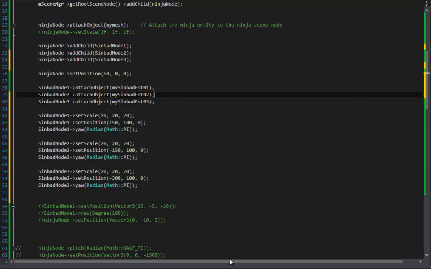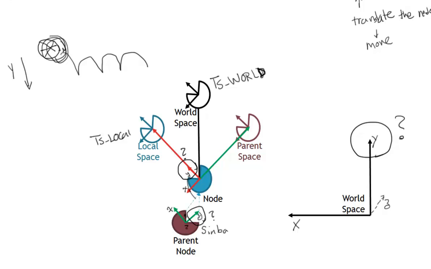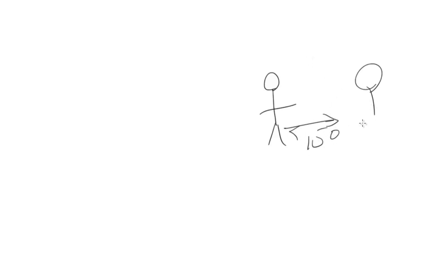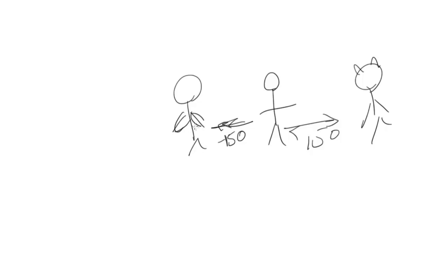So let's actually go to the sketchbook drawing. Here's what I want to have, and we'll see if I succeeded at creating it. So I have my Ninja here, and then I want Sinbad 1 to be 150 units to its right, and I'm going to just create little horns for it. And then I want Sinbad 2, and it's actually kind of beefy, to be 150 units to its left.